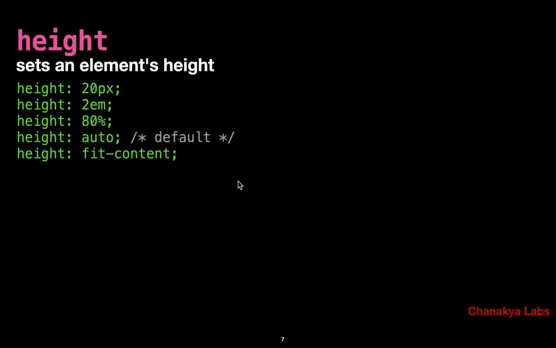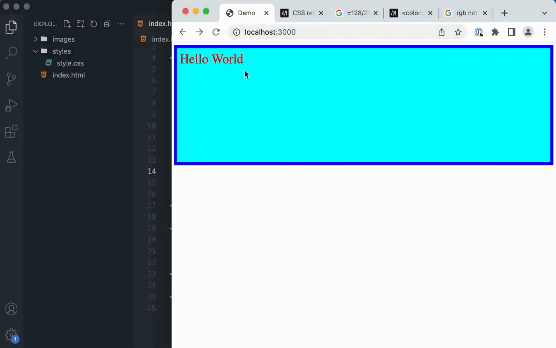Now we'll see that there is something called fit content in this also, and you can also do a percentage representation. By default here also it is auto. Now auto here does not mean that it will take the full height of the content. By default it was auto and it was taking only this same line. Why? Because by default there is no height. By default there is the width of the page, but there is no height of the whole page.